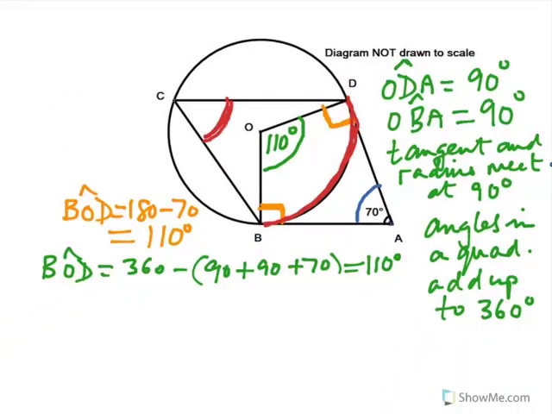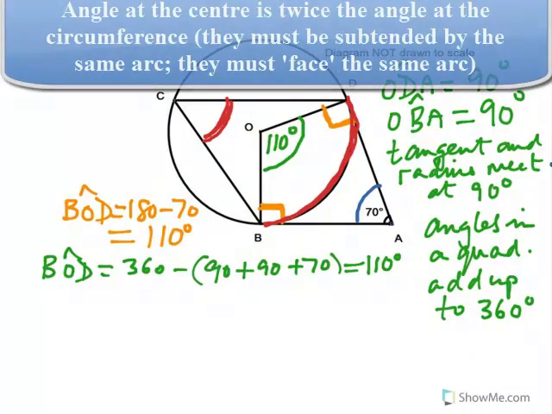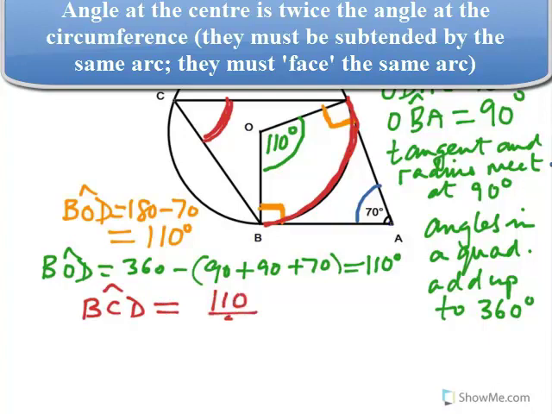What do we know about the angle at the center? The angle at the center is twice the angle at the circumference if they subtend the same arc. It means they're facing the same arc. So we can write that BCD or DCB, it doesn't really matter, is a half of 110. So 110 divided by 2 is 55 degrees.